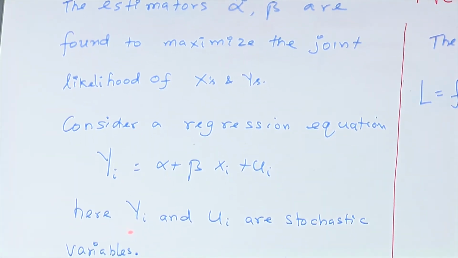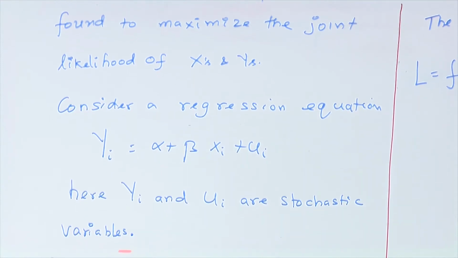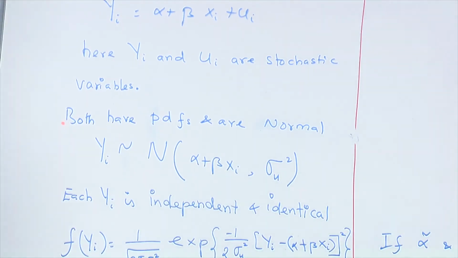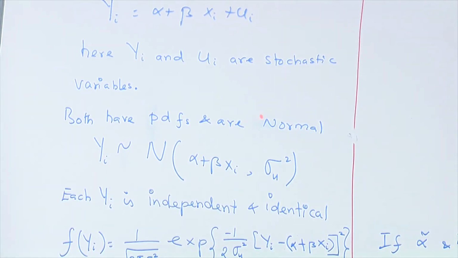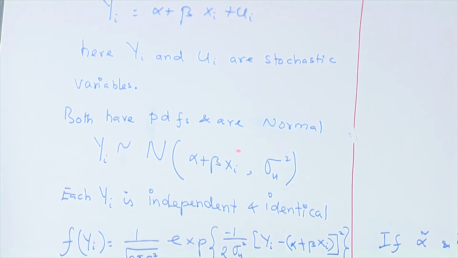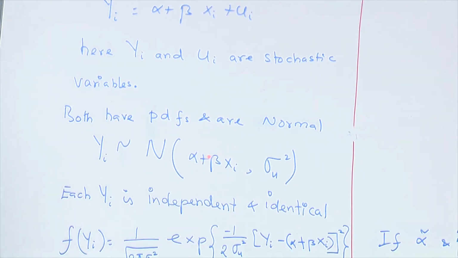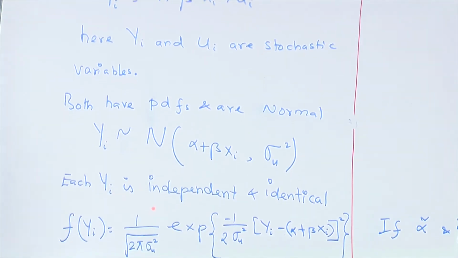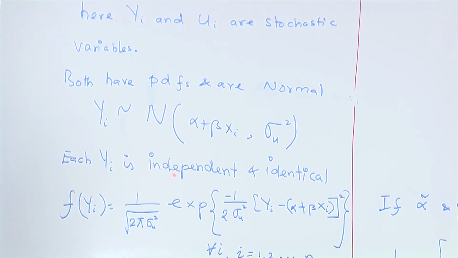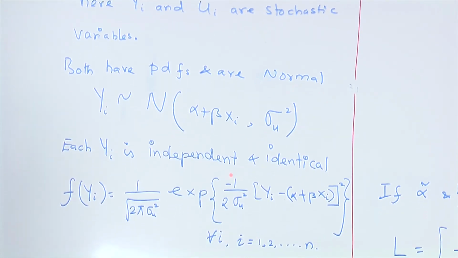Here yi and ui are stochastic variables. Both have PDFs and are normal. In this case, we are taking the PDFs as normal for illustration purposes. yi follows normal with mean alpha plus beta xi and variance sigma u square. Each yi is independent because the sample is a random sample, and identically distributed.